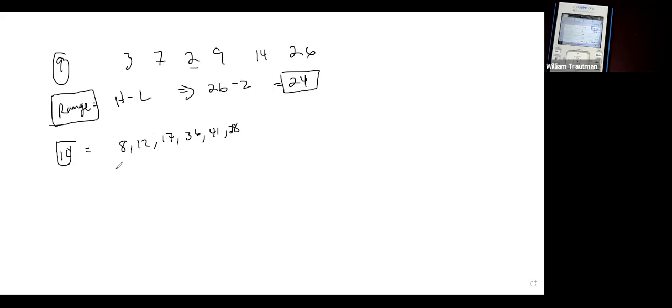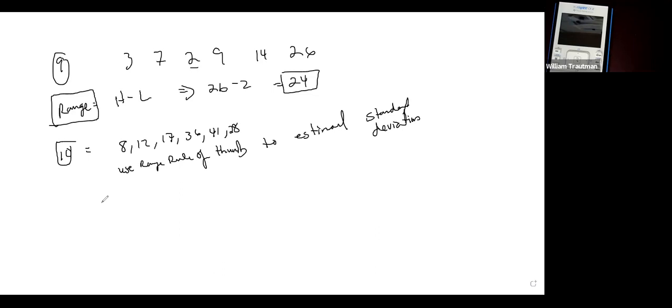And the question reads like this, I believe: use the range rule of thumb to estimate the standard deviation.